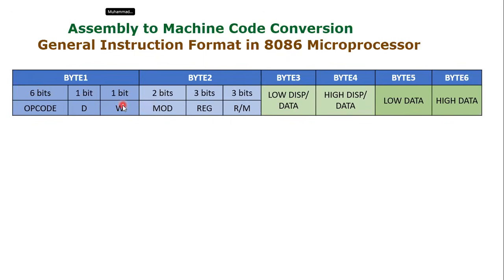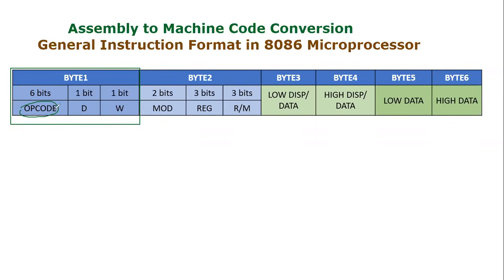Okay, let's consider byte 1. I hope you can see that this is byte 1, and in this byte there are three different parts. One part is known as the opcode. Opcode is something which lets us know what is to be done by the microprocessor. This opcode will be given directly in the instruction set.